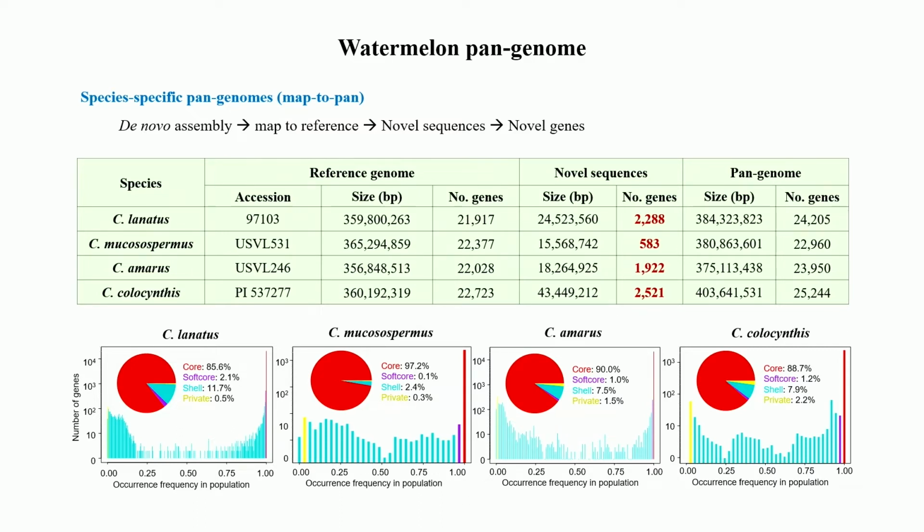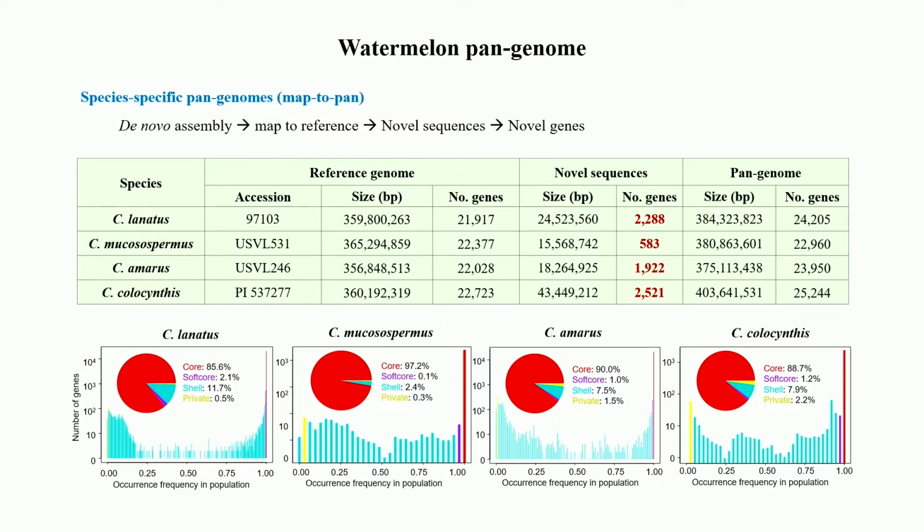Sorry, I can't use this pointer. Okay, you can see that the core gene fraction in these 4 different species is quite high, especially in Mycosopomos. It's 97.2%, meaning most of the genes are present in all Mycosopomos accessions.